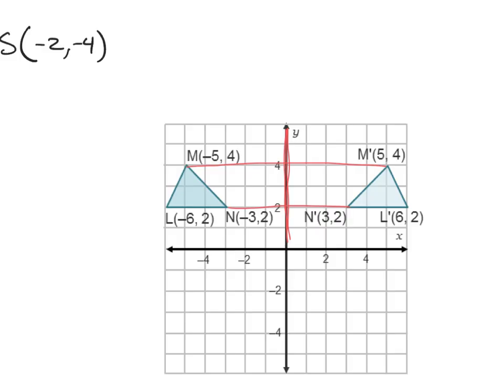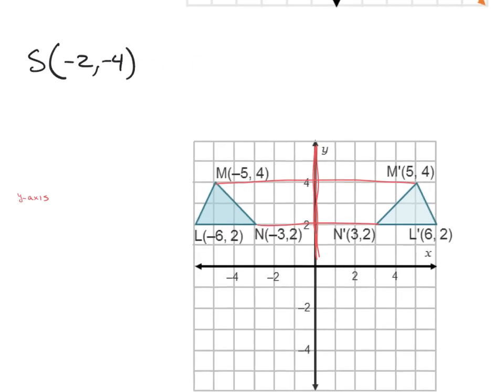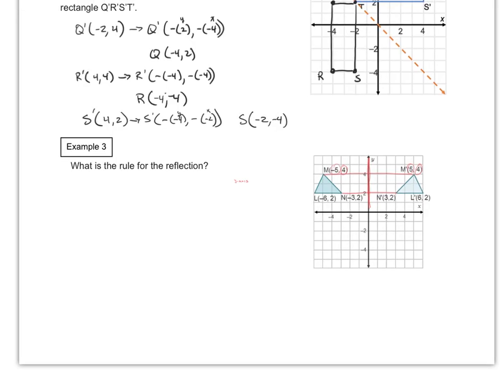Look and see what also happened. I could say that I'm reflecting over the y-axis. But what changed? When I went here, I had -5, 4 to a 5, 4. So the x value changed to negative. So what is the rule? I went from xy to something.